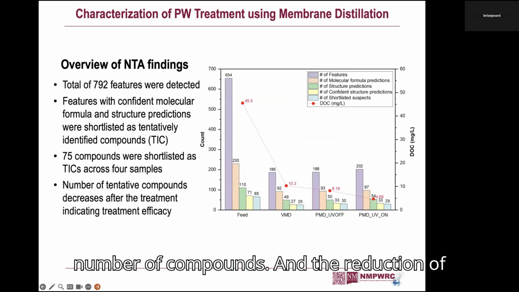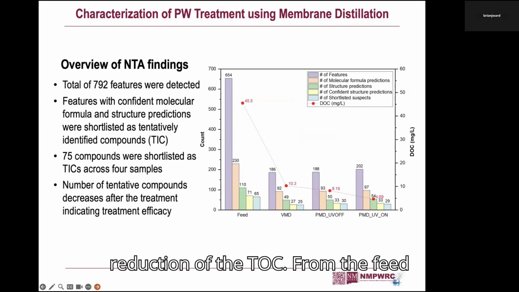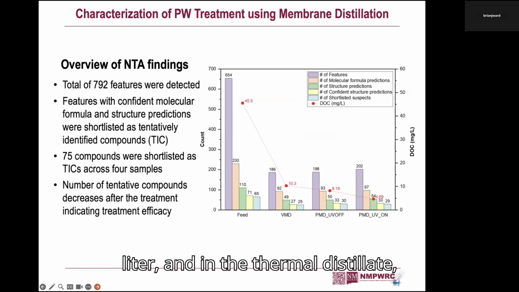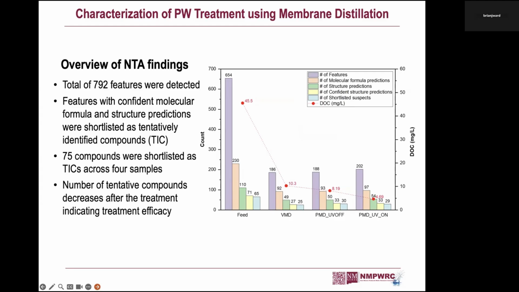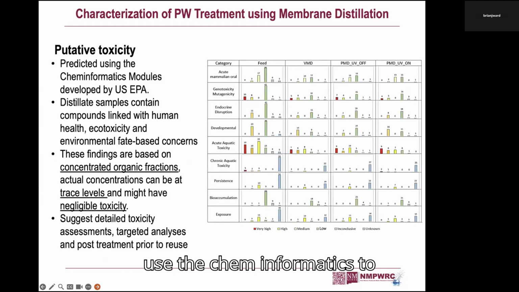The reduction in the number of identified compounds is consistent with the reduction of the TOC. From the feed water, the TOC is about 45 milligram per liter, and in the thermal distillate, it's about 5 milligram per liter.